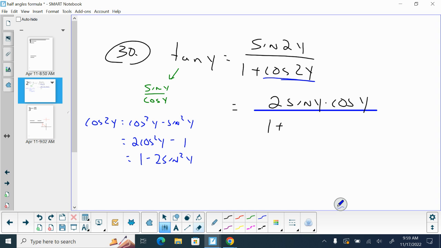And ultimately, I want to get sine over cosine. Well, if I use this one here, that's going to throw some sines on the bottom. And I want to get cosine on the bottom. So I really don't want to utilize this one. So that gives me these last 2 that throw me into this is cosine and sine, and this gives me just cosine. Well, if I choose this one here, let's see what happens.